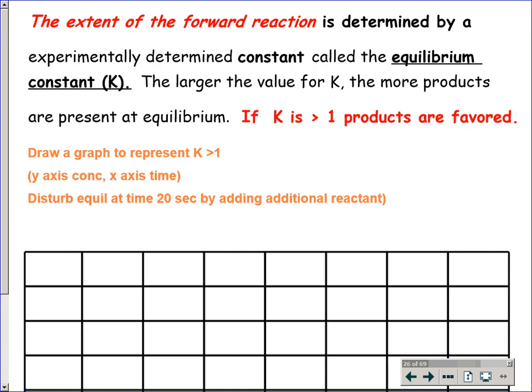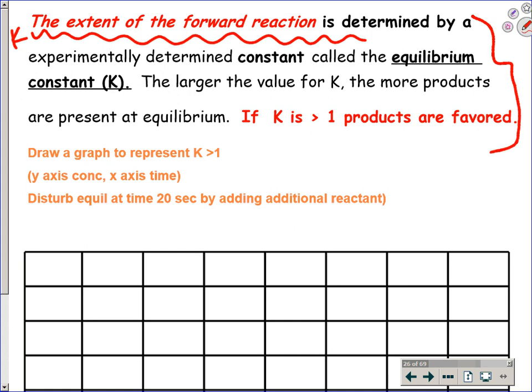All right, so the definition of K, which is the equilibrium constant, is it's supposed to represent the extent to which the forward reaction is occurring. So K is the extent to which the forward reaction is occurring, but we always have to have experimental data to give us that kind of assessment. So I'm going to let you read this and write down what you need to, because we've discussed a little bit already.